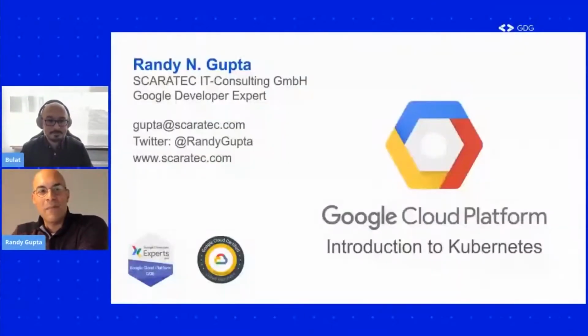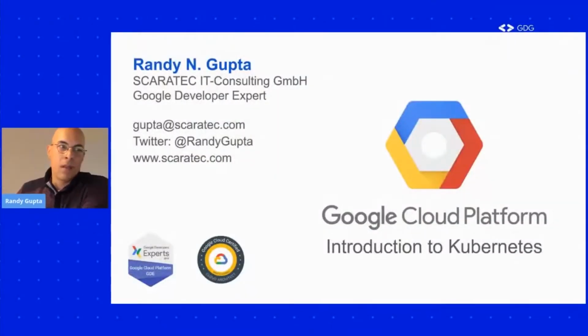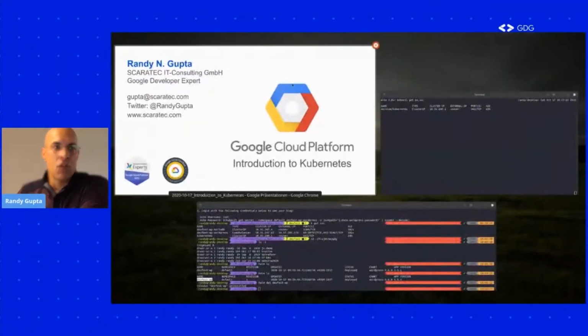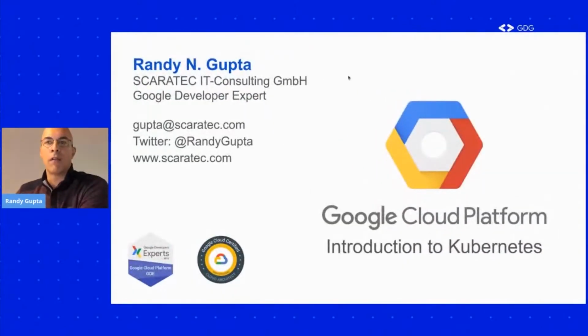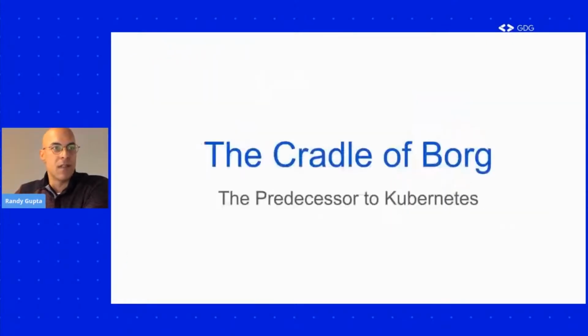Thank you. First of all, I will give a short overview of the history of Kubernetes, because that helps a lot to understand what Kubernetes is and what Kubernetes does.